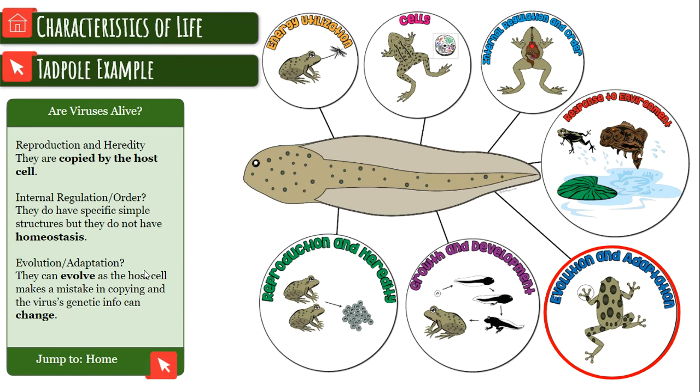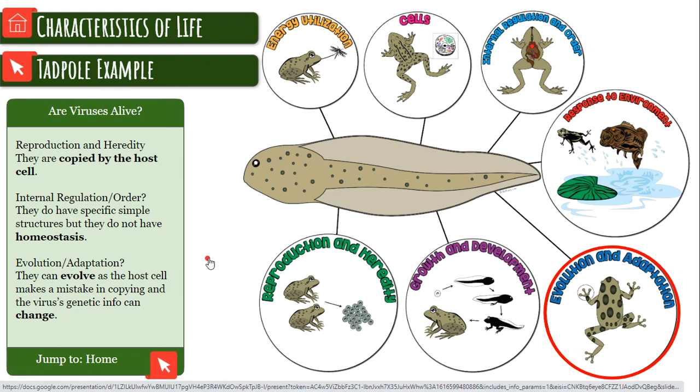Remember, we called that DNA mutations. So are viruses living? Most evolutionary biologists would say no, because they do not meet all of these requirements that other living things like frogs or humans do meet.